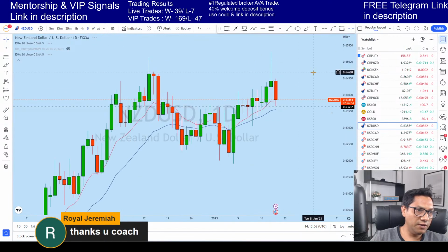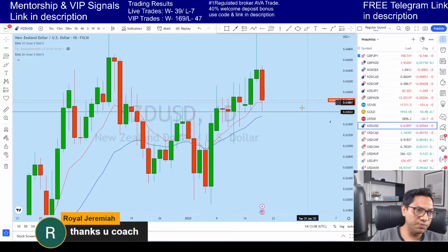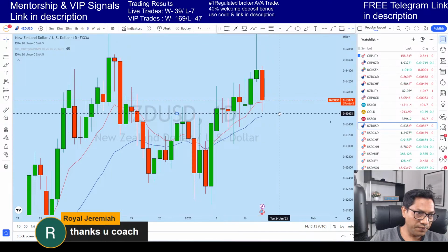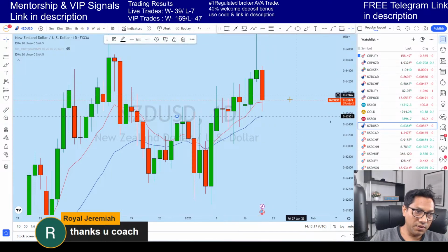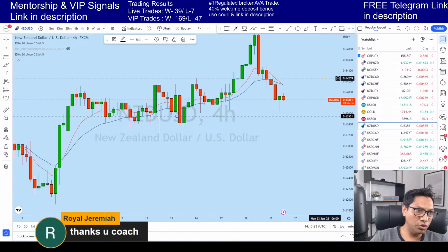Looking at the daily, the price already came to a very important level of support, slowly rejecting. I think that from the daily 20 MA, NZD/USD can give us a very good bullish trading opportunity.